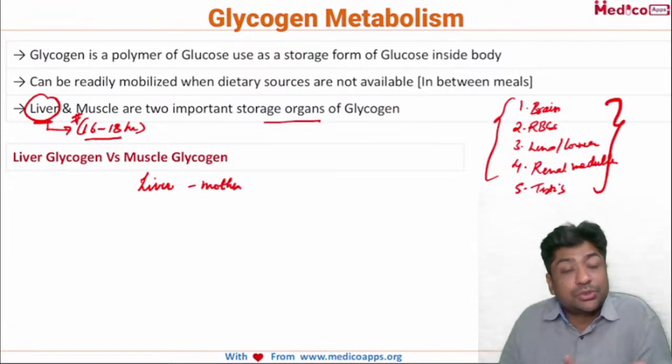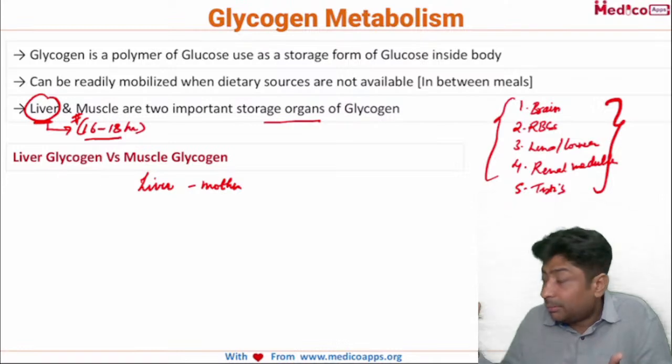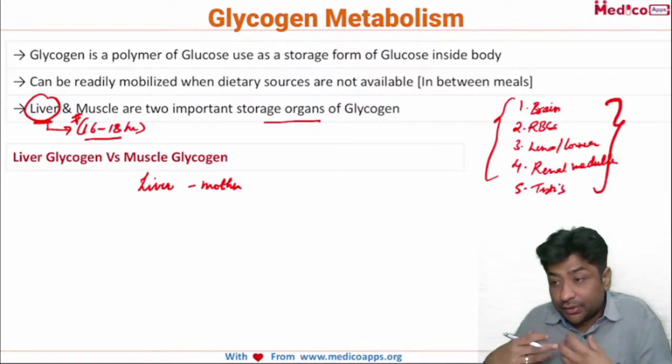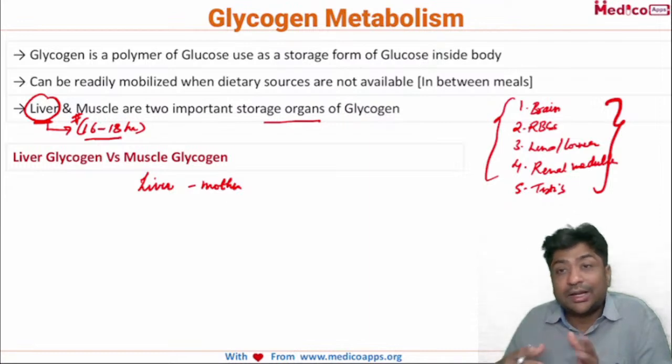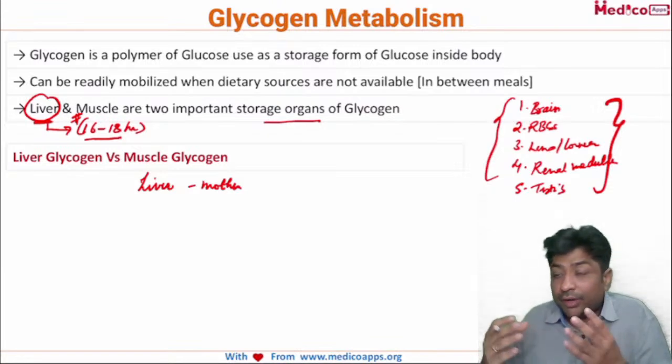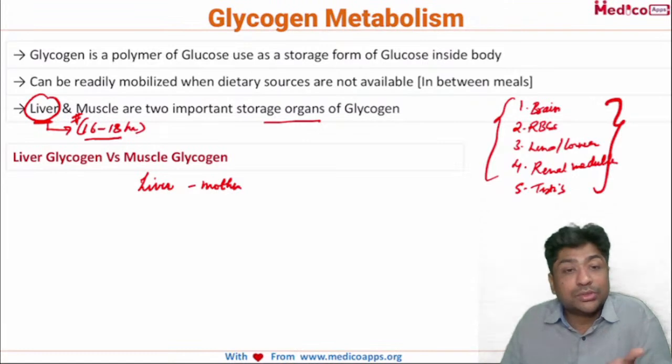Whatever glycogen is stored in liver, whenever the blood glucose level falls down, it will convert it into glucose and give it to the blood so that it can be used throughout the body. Very selfless, it is purely storing for the entire body. Whenever the blood glucose level falls down, this glycogen will be broken down, and all that glucose will be pumped into the blood so that the entire body can use it.